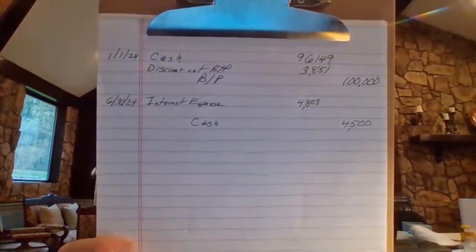And the interest expense is $4,807, right from the table. So what do we have here? We have a situation where we have more debits than credits. So I have to credit something, and I have to credit $307. So now my debits and credits are equal. And what is that? That's the amortization of the discount. So say discount on bonds payable. And there we have it.